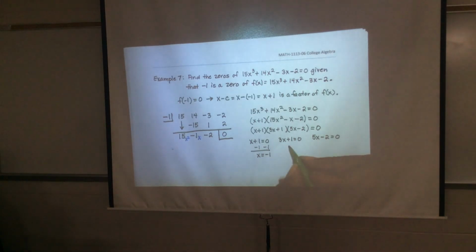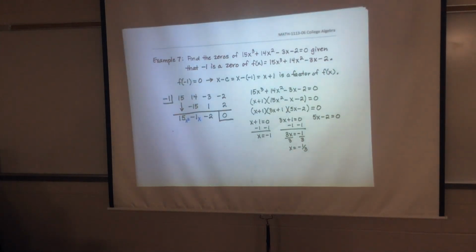For 3x plus 1 equals 0, subtract 1, you get 3x equals negative 1. And then divide by 3, you'll get x equals negative 1/3. And then for 5x minus 2 equal to 0, add 2, you're going to get 5x equals 2. Divide by 5, your x will be equal to 2/5.